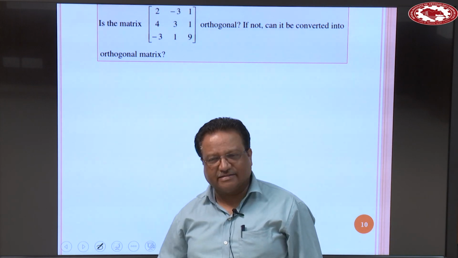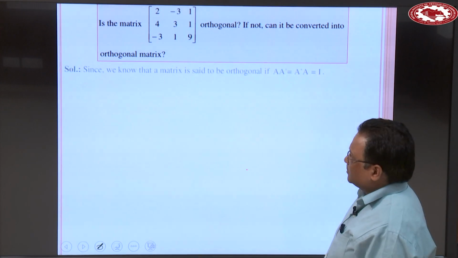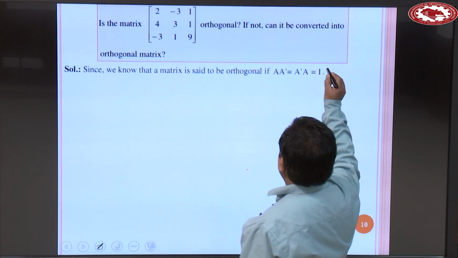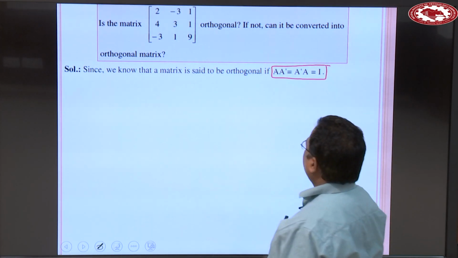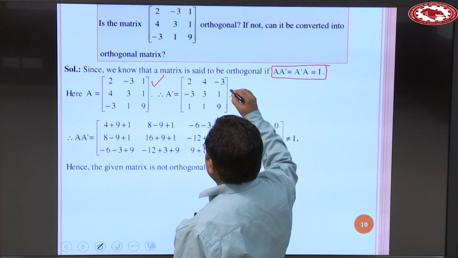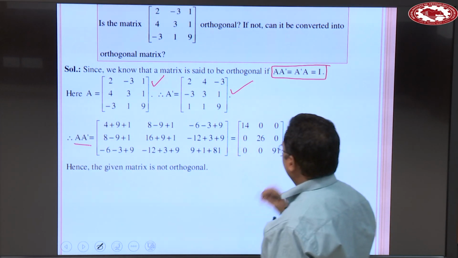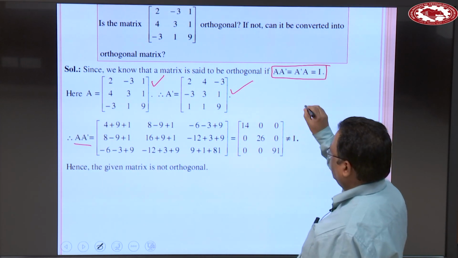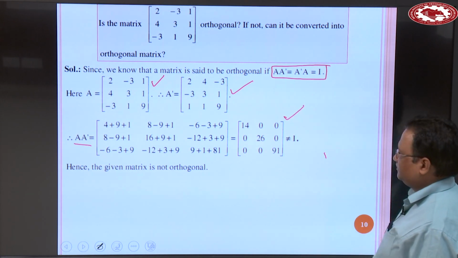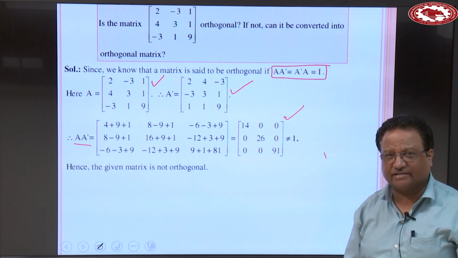If A A dash is equal to I, this means A is an orthogonal matrix. So we know that the matrix is said to be orthogonal if A A dash is equal to I. Here A is given, A dash means transpose of A, and then multiply by A dash, and you will get this result. But this is not equal to I, this is not equal to the unit matrix.